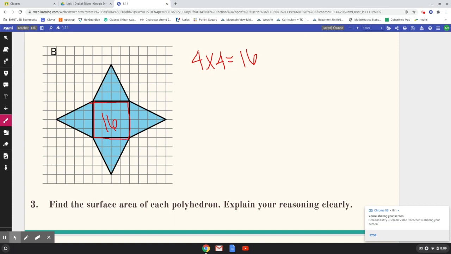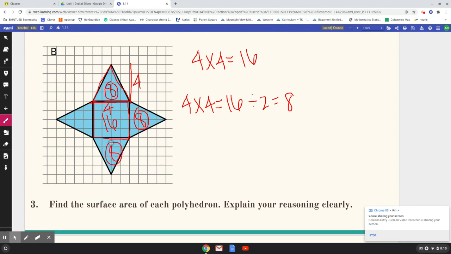Now what I need to do is find the area of all these triangles. So this is 4, and this height here is 4. So for the triangle, 4 times 4 is 16, but I need to divide that by 2. And I would get 8. Now the good news is this area is 8, but these triangles are identical.